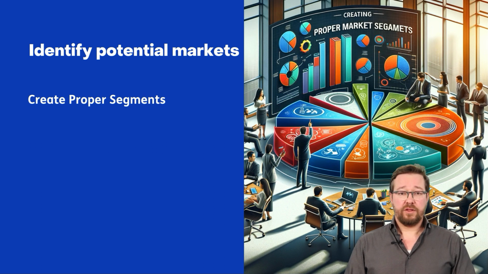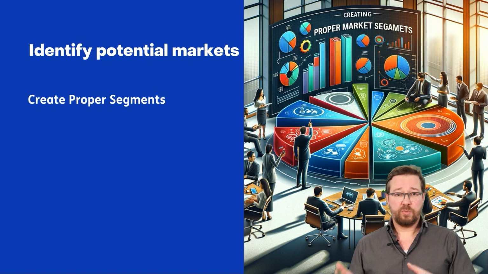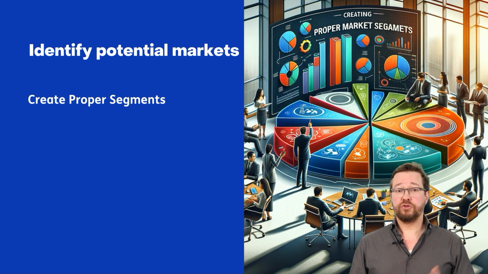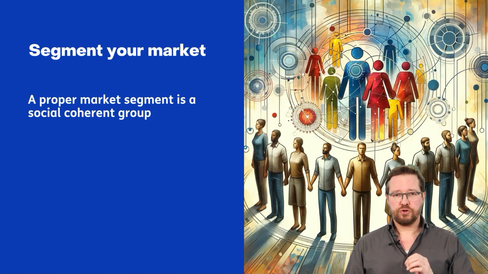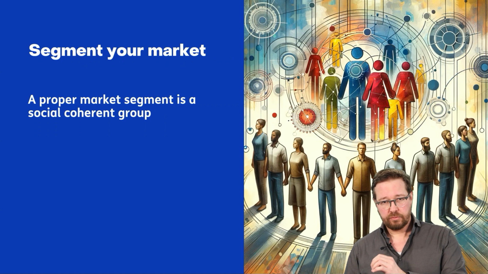Next, you check whether the remaining opportunities are proper market segments. Perhaps you need to group or split up or restructure certain opportunities. Okay, but what then are market segments? A proper market segment is a social coherent group.